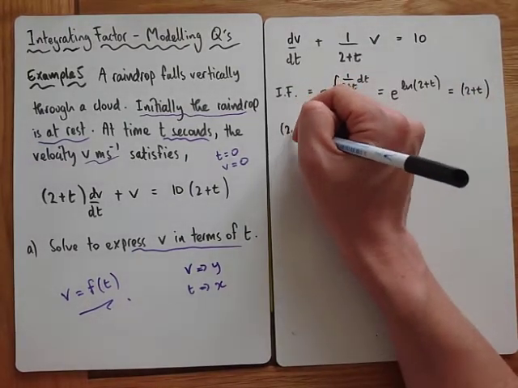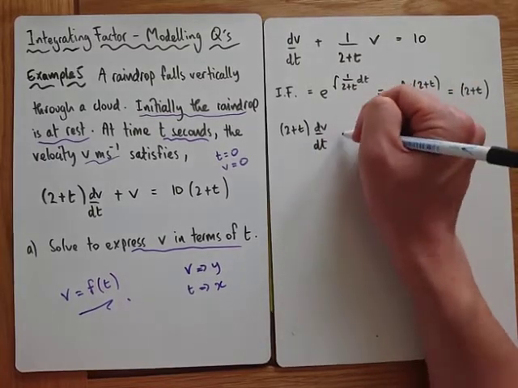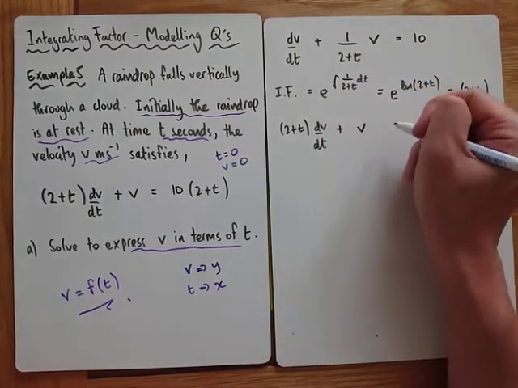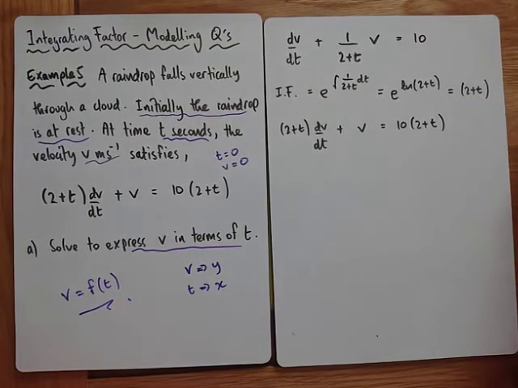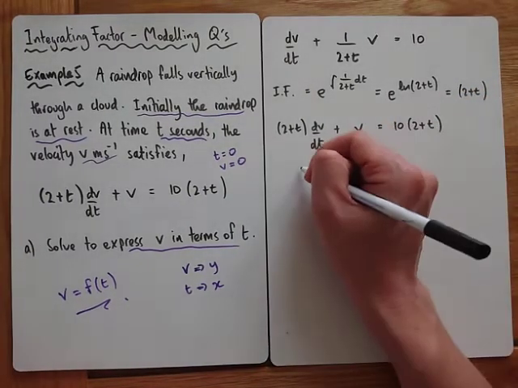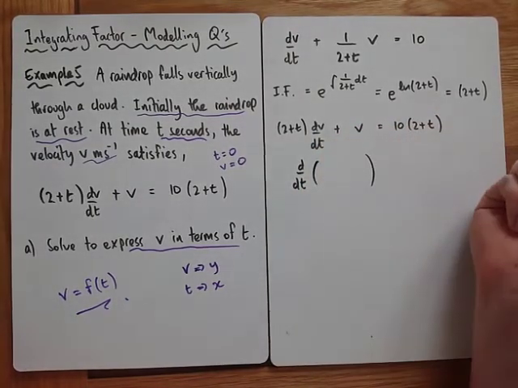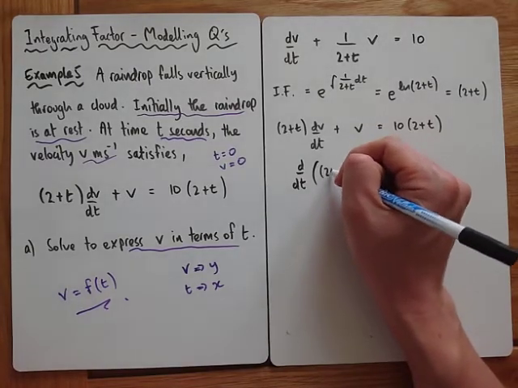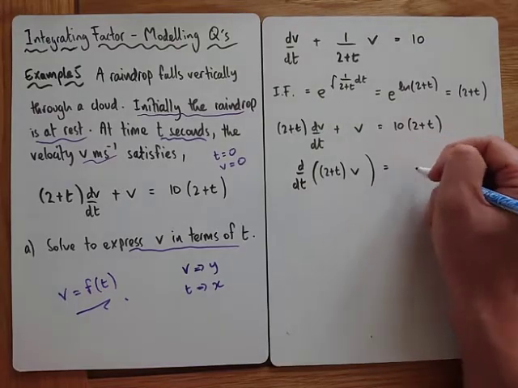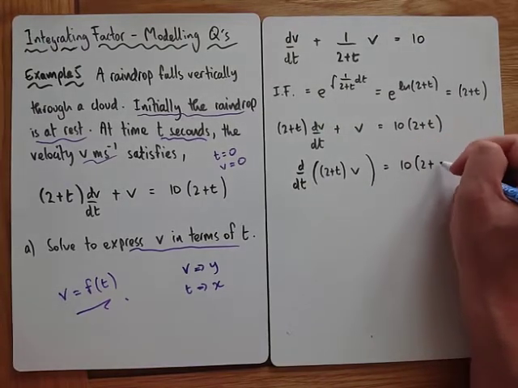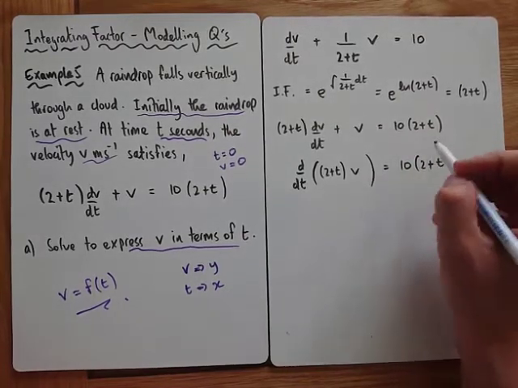So we've got 2 plus t dv by dt plus v is equal to 10 lots of 2 plus t. This should hopefully be d by dt of the integrating factor, which is 2 plus t, times by y usually, times by v in this case. Check, does work. Okay, integrate both sides.